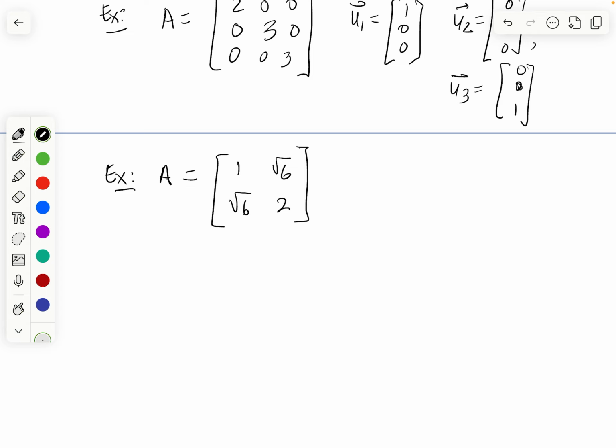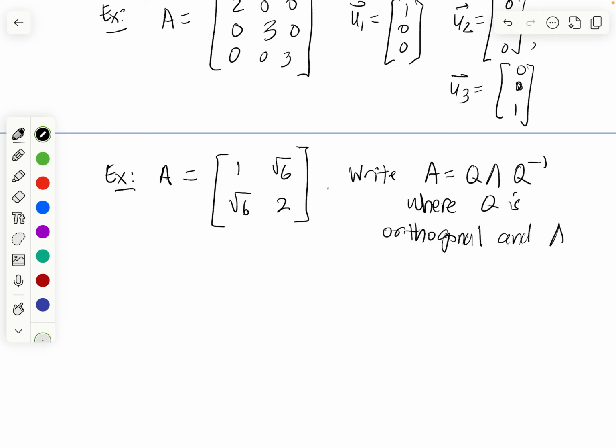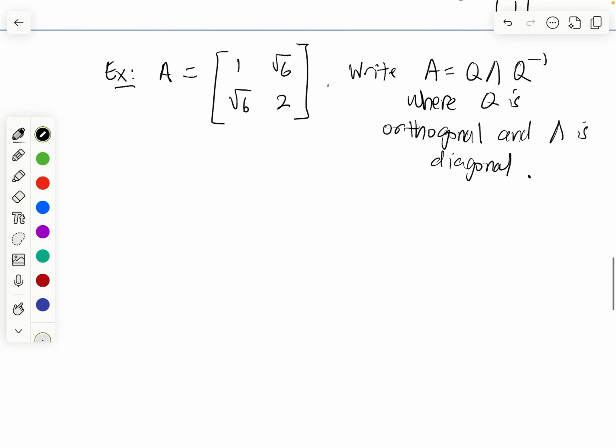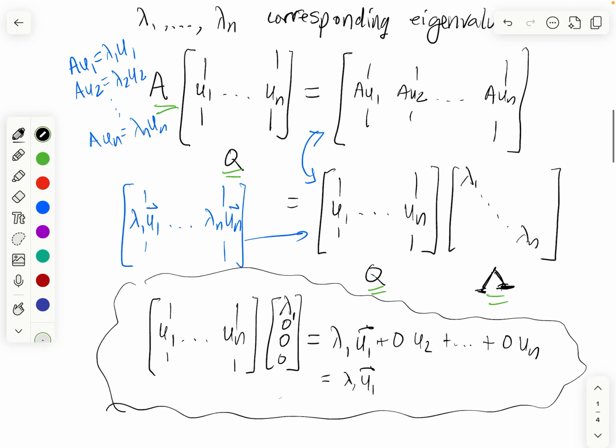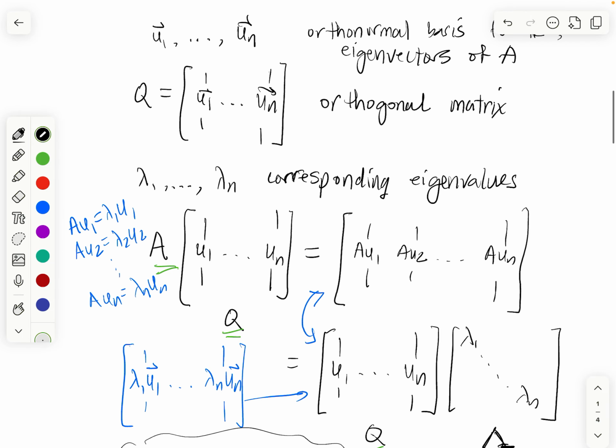But how can we write A in the form Q lambda Q inverse, where Q is orthogonal and lambda is diagonal? Well, if you look at the theorem, we actually saw where the Q and the lambda came from.